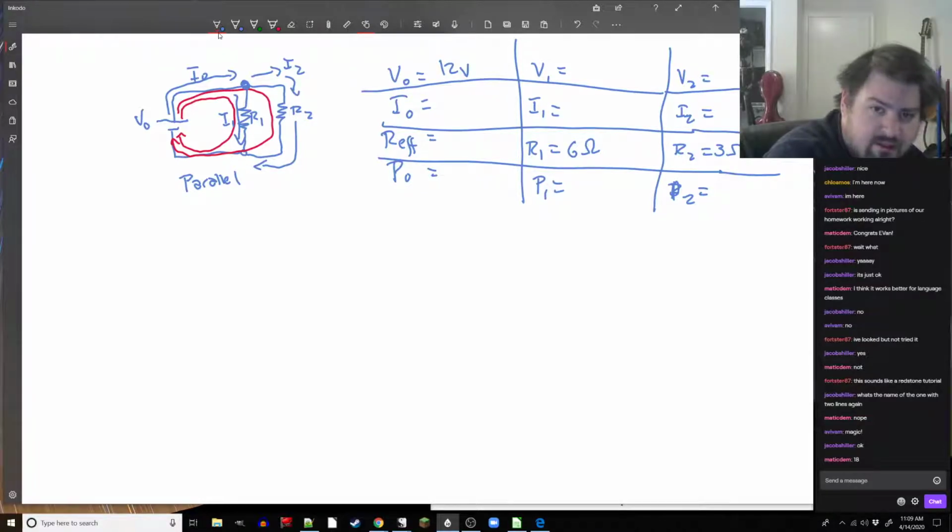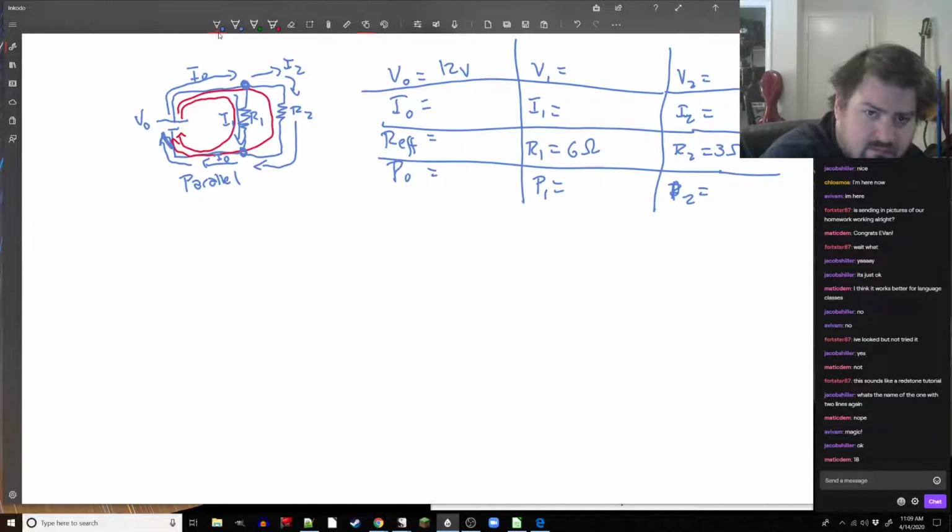No current is going to be lost at this junction. It just splits into two different parts. So these two parts, I1 and I2, need to add back up to I0. And when they come back together at this other junction, they re-add to I0 again, coming back into the voltage source, which is kind of nice. It helps us keep track of it anyway.